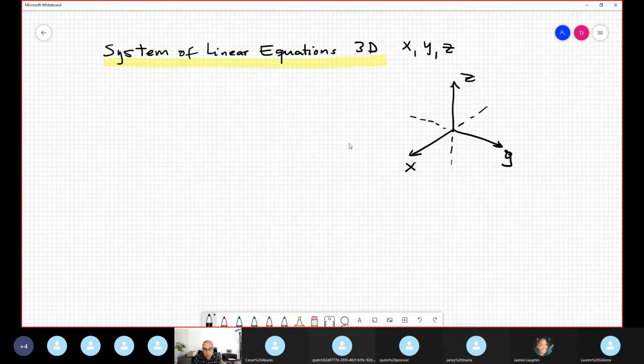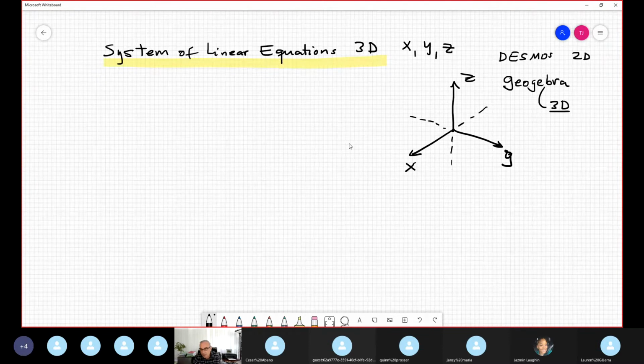I want to show you now, because we are doing this using one software, Geogebra. Remember, Desmos is fantastic, but the limitation is only 2 dimensions. But in Geogebra, we have 2 dimensions and 3 dimensions. But okay, let's discuss first the algebraic part, and after we focus on the geometry part.